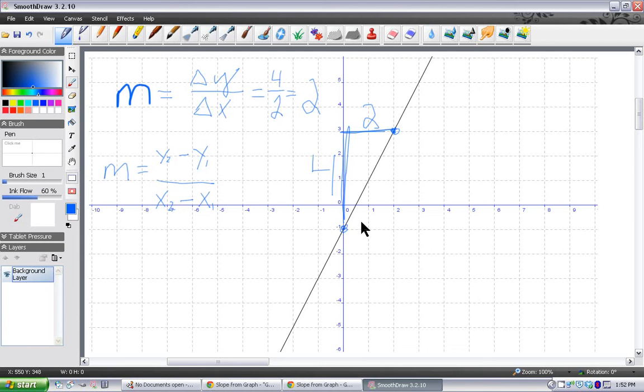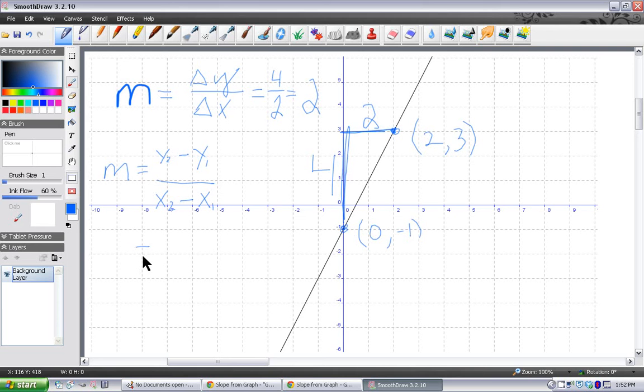This point right here has an x coordinate of 0 and a y coordinate of -1. This one has an x coordinate of 2 and a y coordinate of 3. So all we have to do is plug those in. I will call this my second point, and the one we started with will be my first point.